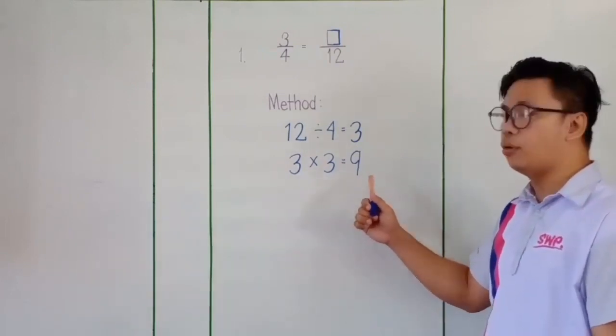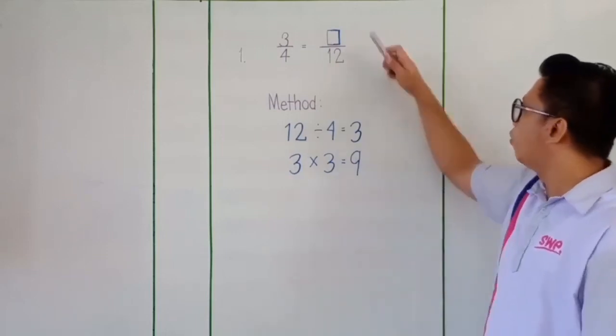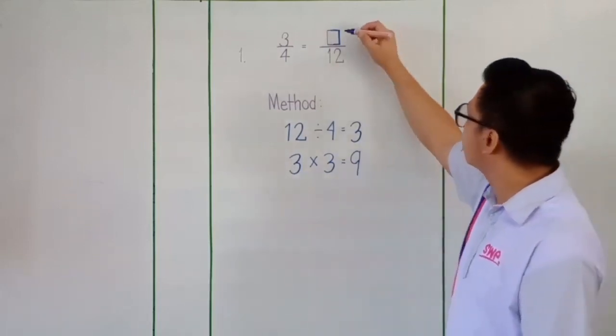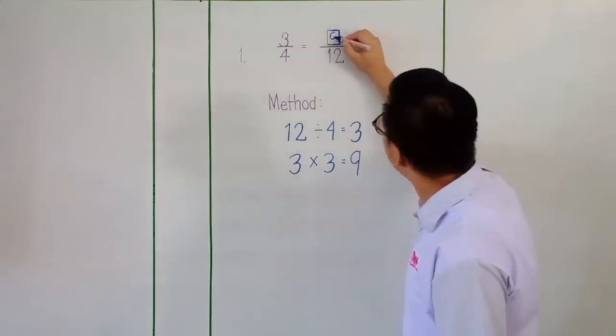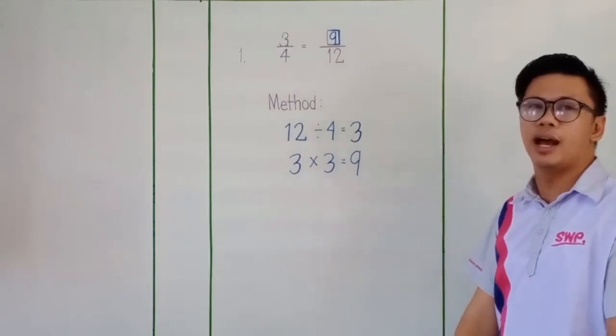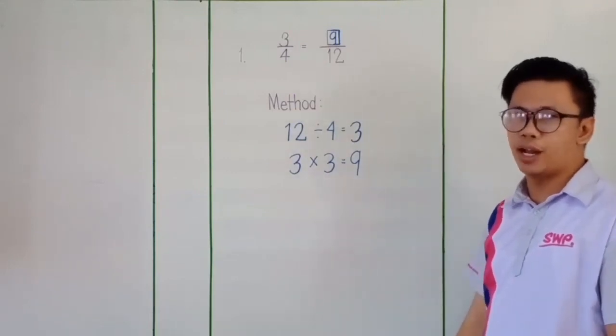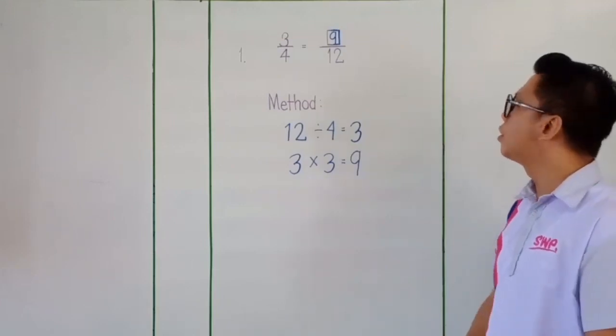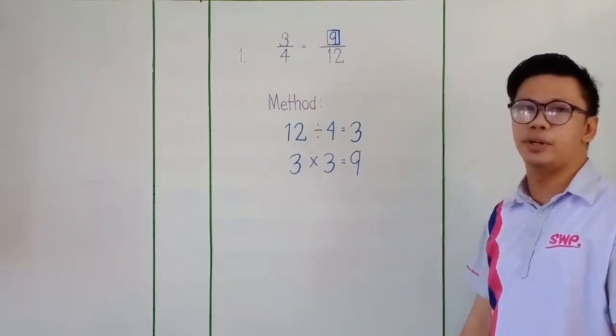So that's why our answer is 9. So what will be our answer on the box? Very good. Our answer is 9. So that is how you get the equivalent fraction. Did you get the correct answer? Very good.